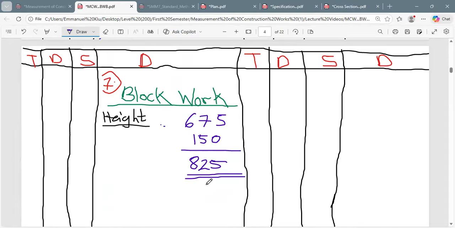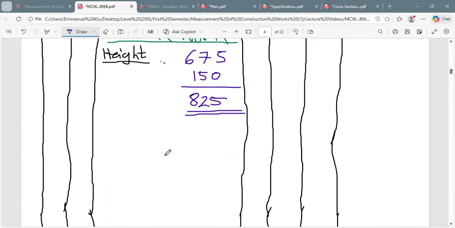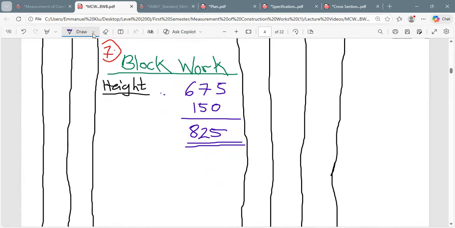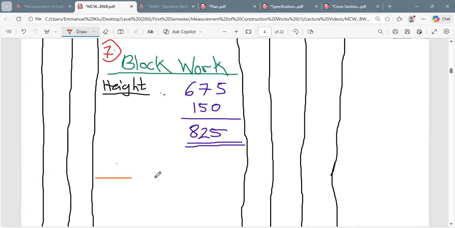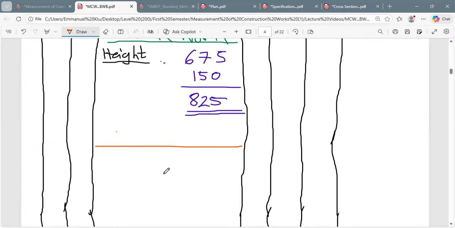So let's go and do the calculation for the center line of outer skin. It's left with one last one. So this is the center line for outer skin.